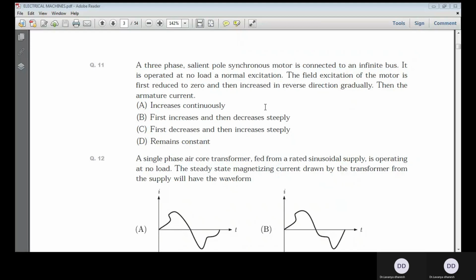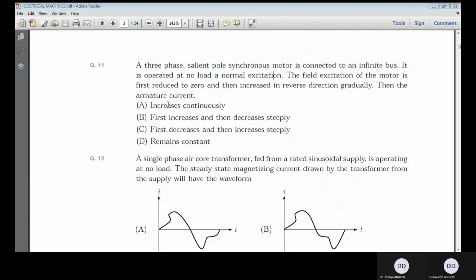So what will be the answer? The options are: the armature current will increase continuously; first increases and then decreases; first decreases and then increases; and remains constant. We first reduce the field excitation to zero and then increase it in the reverse direction.